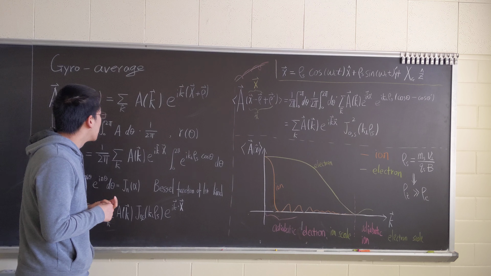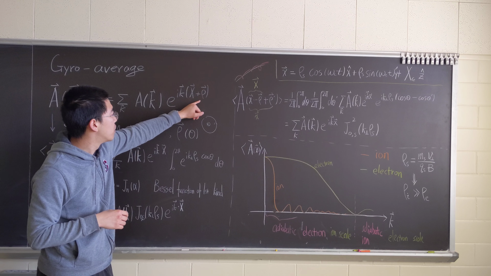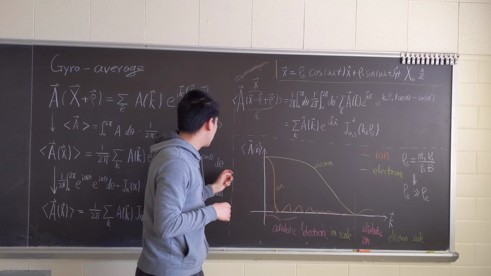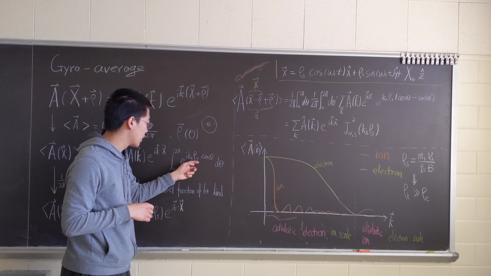Since in this scenario, only k and big X are not theta dependent, only rho is theta dependent, we can pull out everything else, and then we're left with this, because k rho can be written in terms of k perpendicular rho s cosine theta.